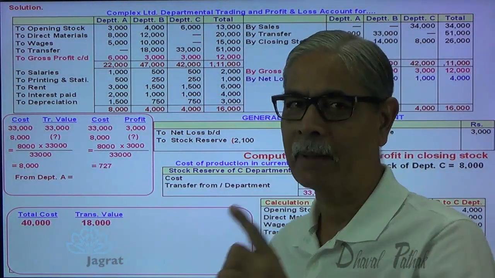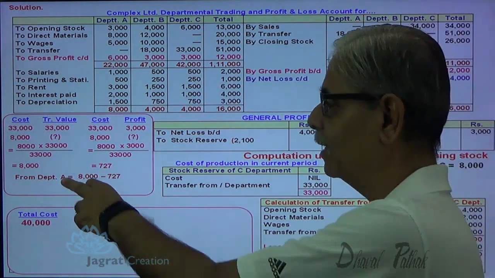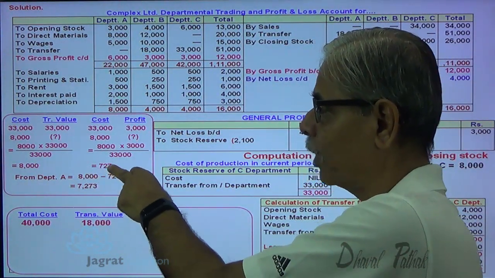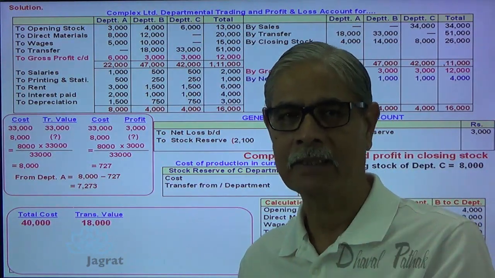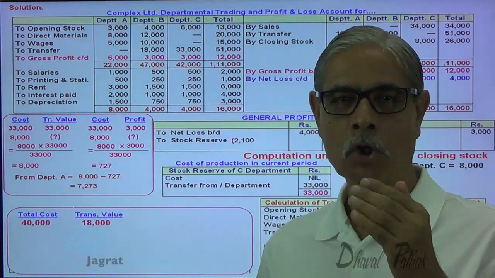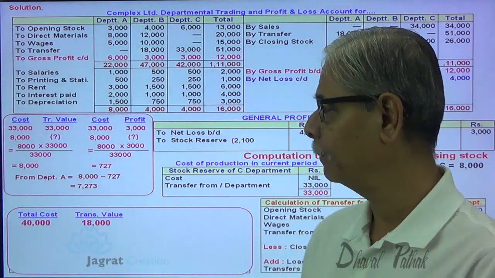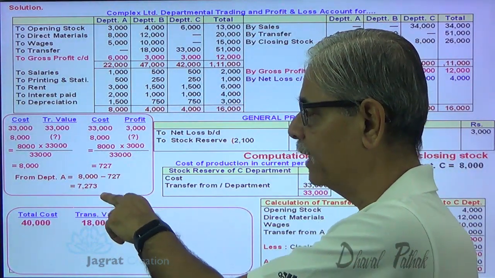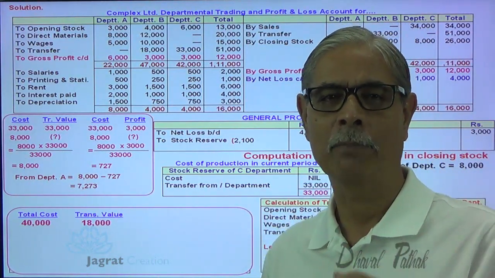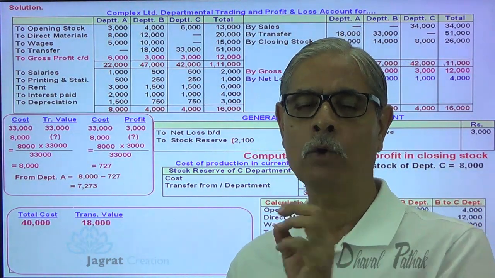So, 8,000 minus 727, you will get the transfer value of Department A. So, the profit element of B is deducted from the stock of C to bring the stock to the transfer value level of Department A. So 7,273, in that we are required to follow the same procedure once again to find out the profit element charged by Department A found in the closing stock of C.